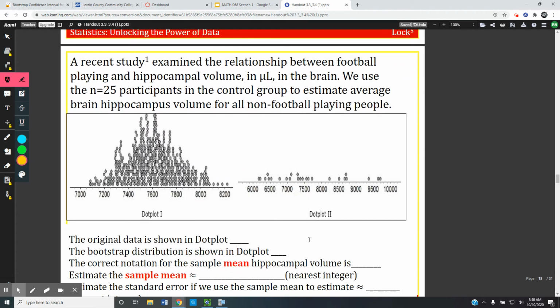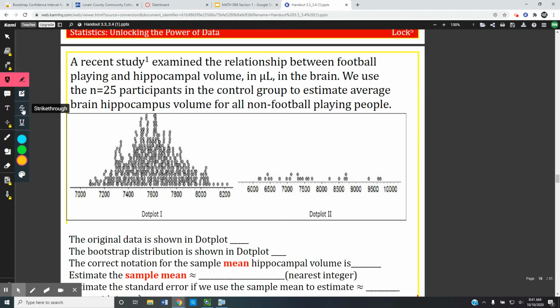In a recent study, they examined the relationship between football playing and the hippocampal volume in the brain. We use n = 25 participants in the control group to estimate the average brain hippocampal volume for all non-playing. So notice those words there that are being used.